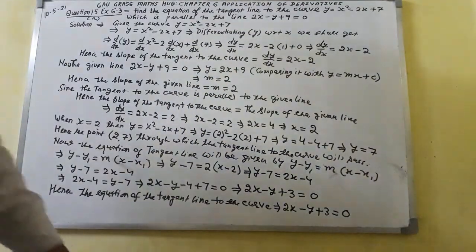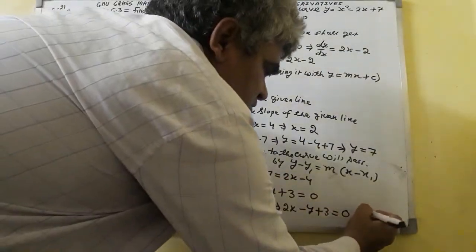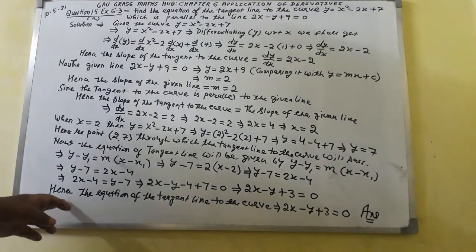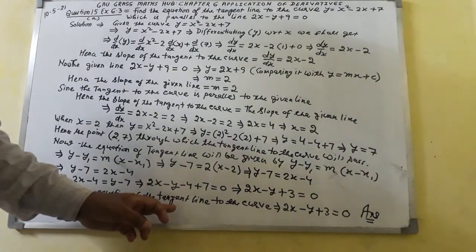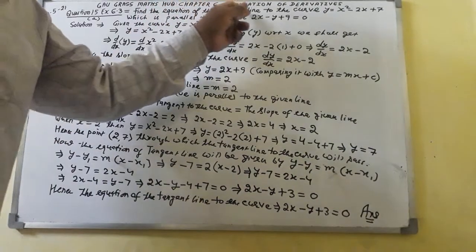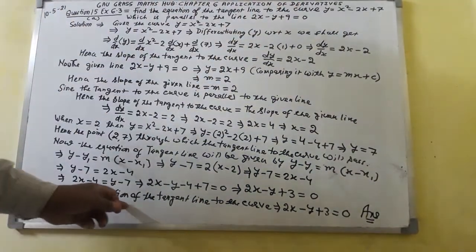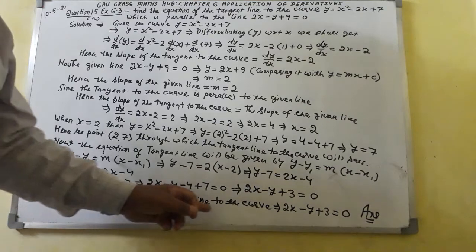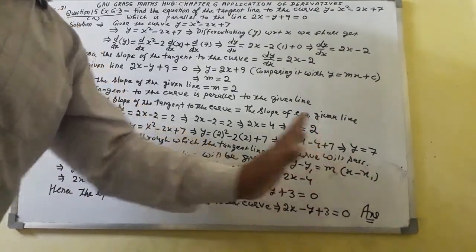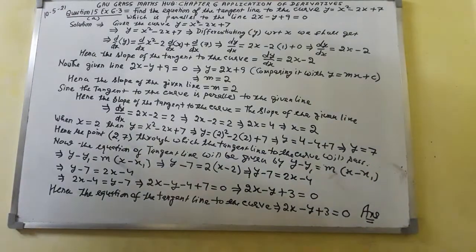This will be the correct answer you have got. Hence the equation of the tangent line to the curve equal to 2x minus y plus 3 equal to 0. This will be the correct answer you have got.